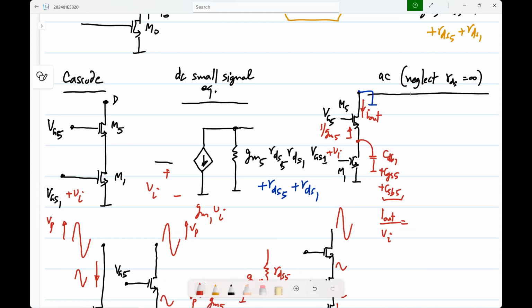So if all of it flows into the capacitor, then clearly it is 0. If the gain at infinity is 0 and it is first order, how many poles and how many zeros do we have? One pole, that's it. And where is the pole? Let me just call this CP, right? It will be at gm5 by CP.